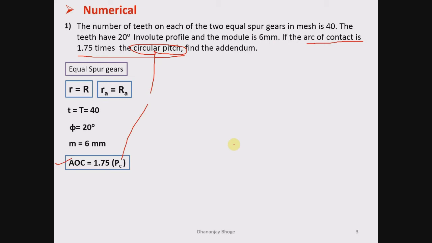So arc of contact is 1.75 times the circular pitch. And we have to find out addendum of wheel. So write this, AW, addendum of wheel is in question.